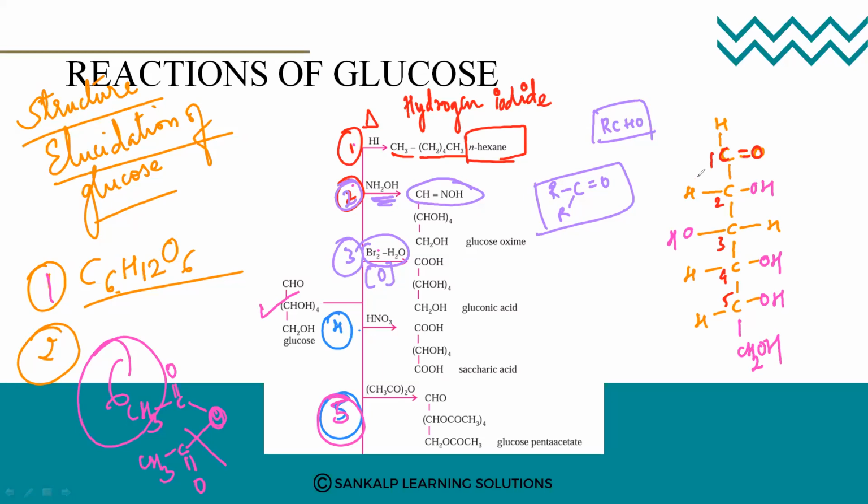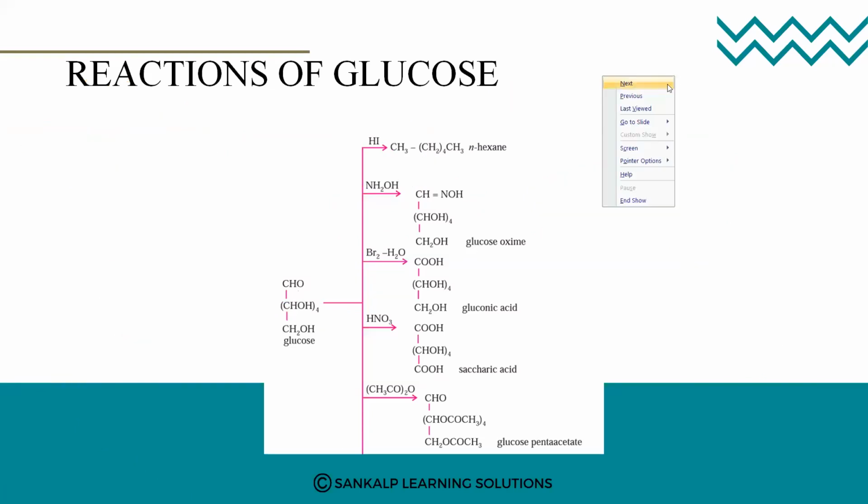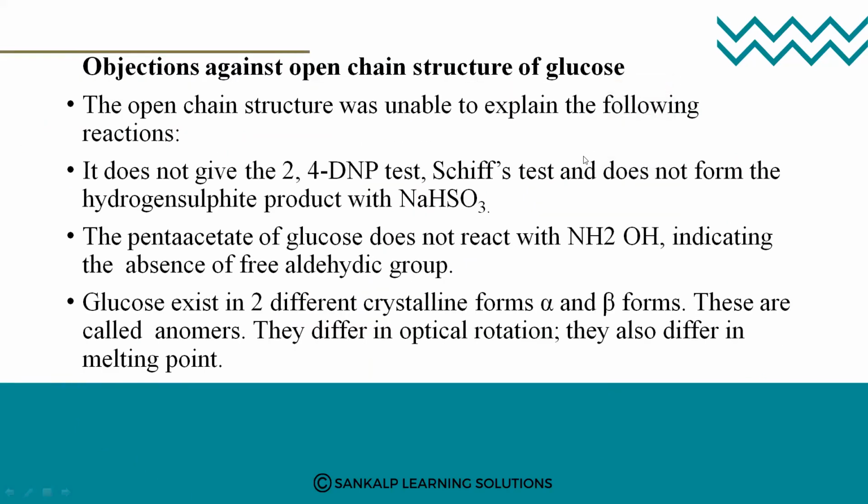So from all the above facts, this is the structure of glucose. I hope this is clear. So this was the structure elucidation of glucose. There were some objections against the open chain structure of glucose.